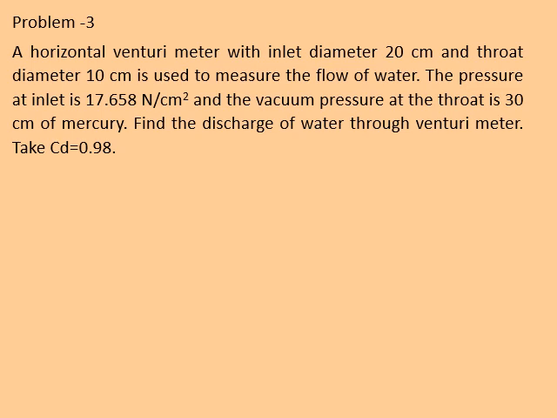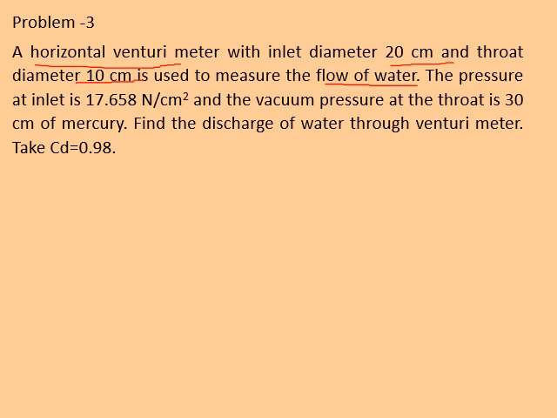So this one is also a horizontal venturimeter. So for a horizontal venturimeter, Z1 is equal to Z2. The inlet diameter D1 is 20 centimeter. The throat diameter D2 is equal to 10 centimeter. That is used to measure the flow of water. That means through the pipe the water is flowing.